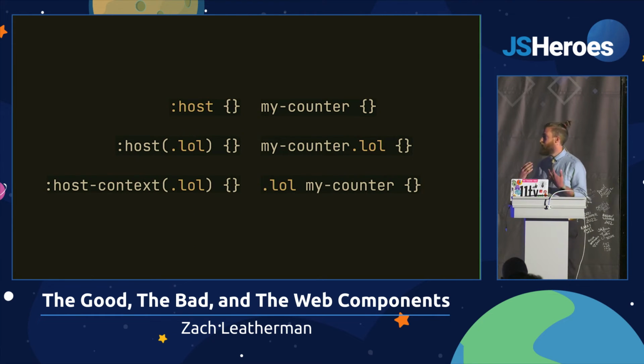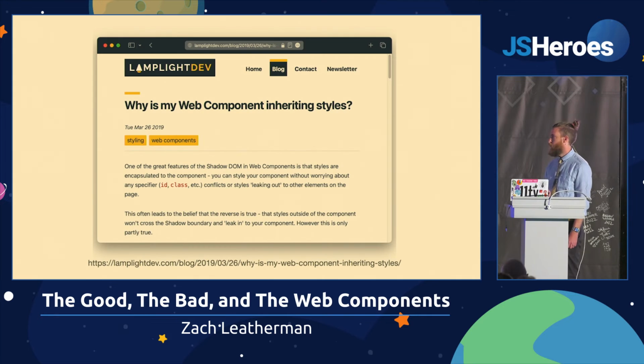And you can also use CSS inside of the component style to access the page's content or the component context as well. So if you want to select the host component, you can do that. If you want to select the host component with certain conditions on it, you can do that. And if you want almost like a parent selector for controlling the context of the component instance, you can style that as well. And you put that all in a style block inside of your Shadow DOM.